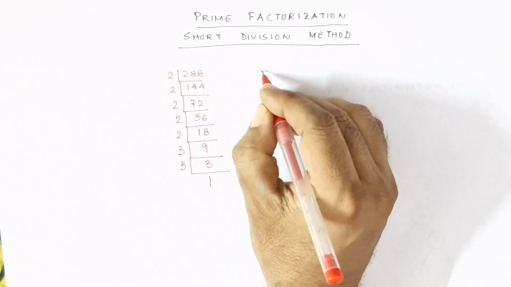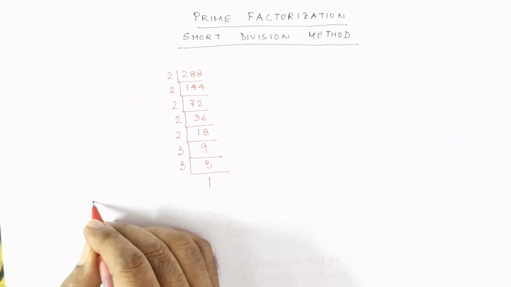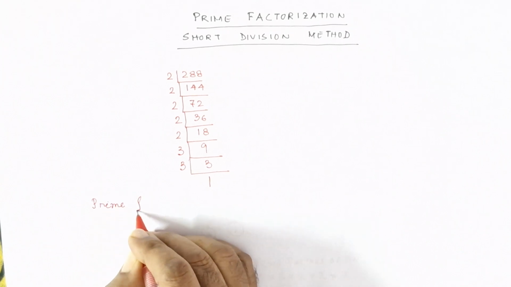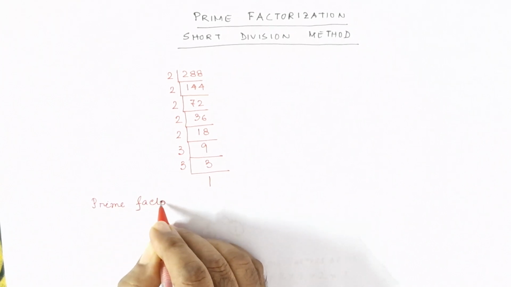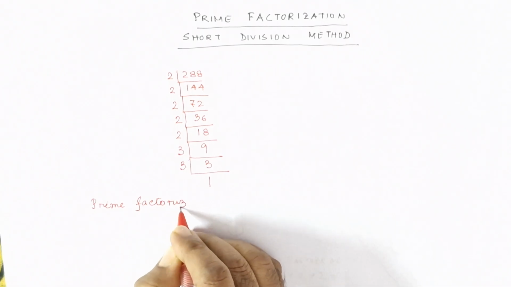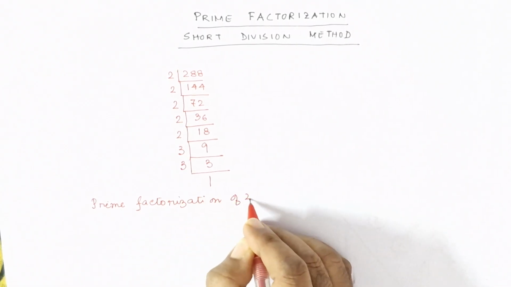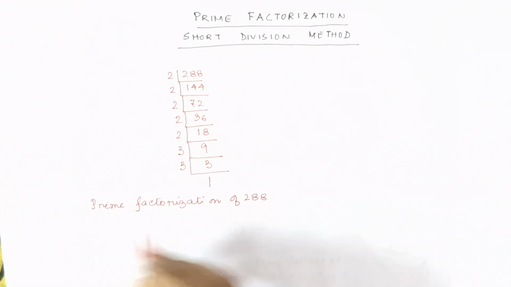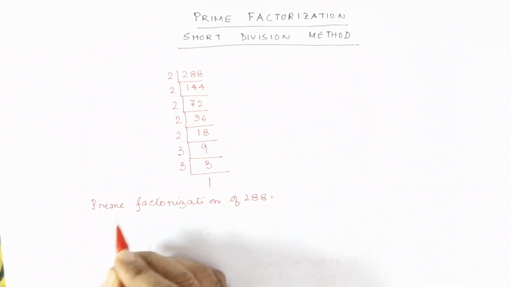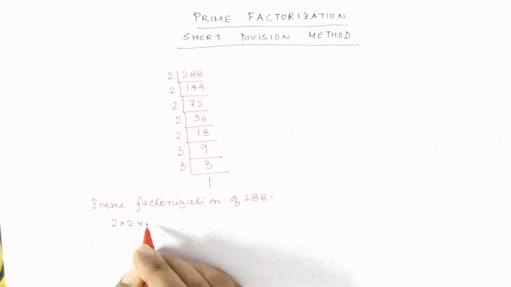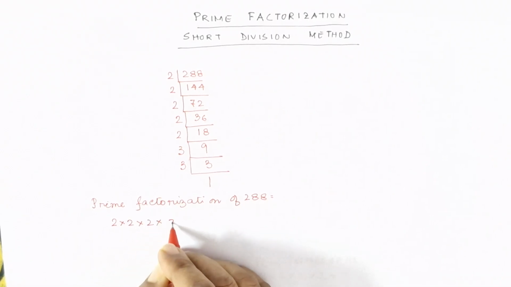So we'll write the prime factorization of 288 is equal to 2 multiplied by 2 multiplied by 2 multiplied by 2.